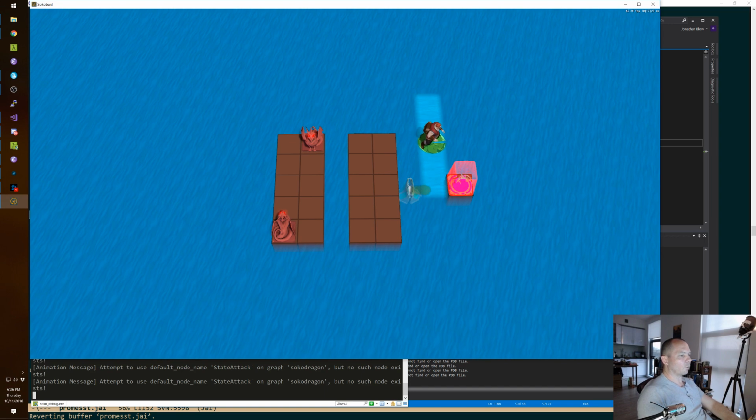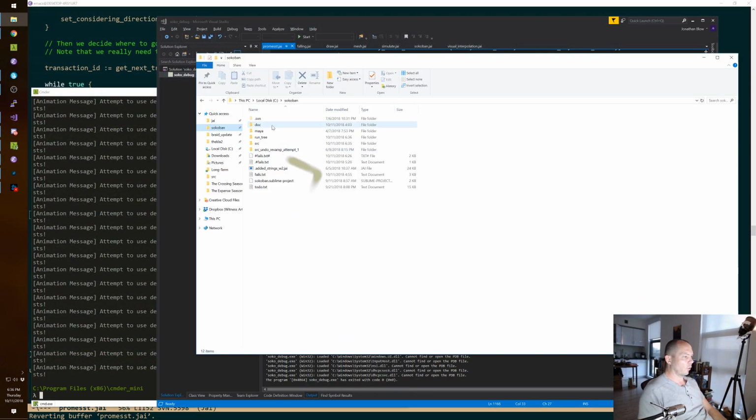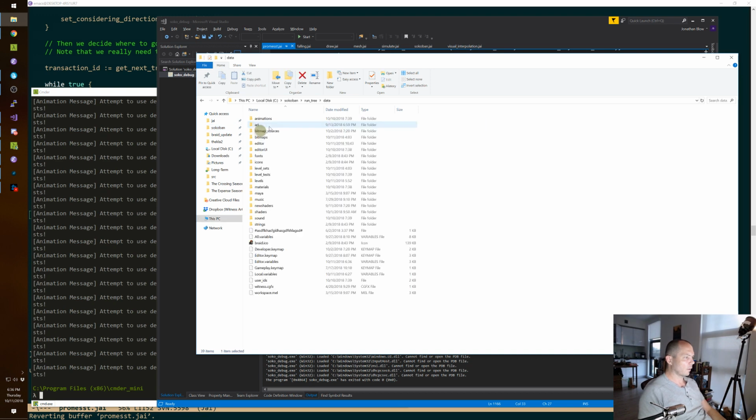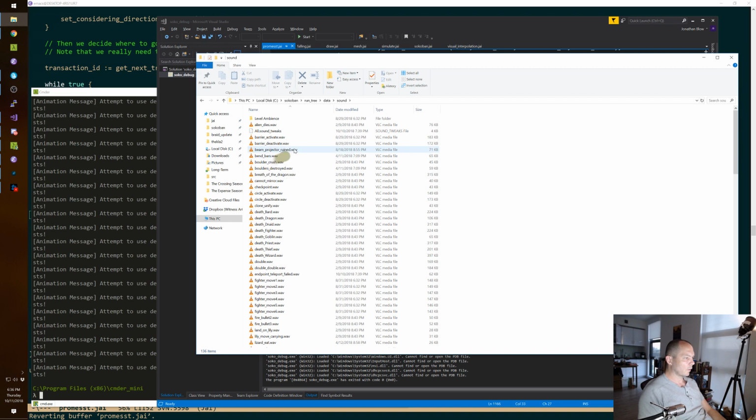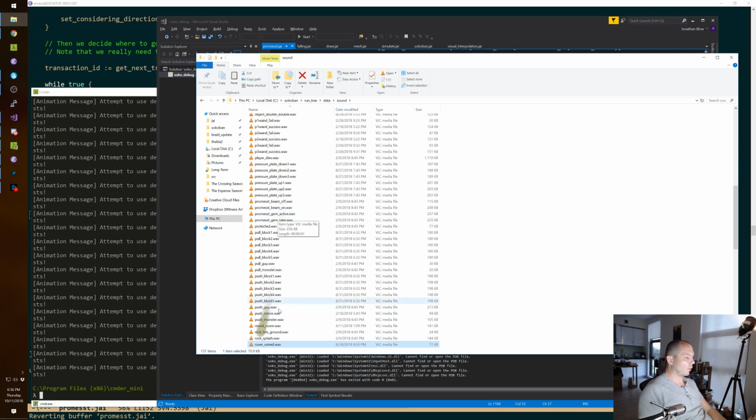Okay, so now when we drop that guy in there, let's make a good noise. We're going to have a rover ruined. And it's going to sound like beam projector ruined, but different.